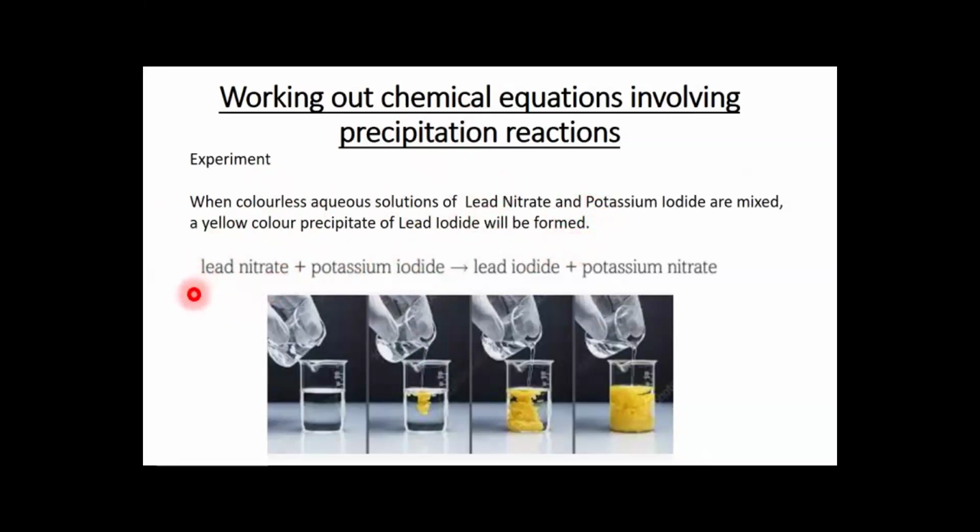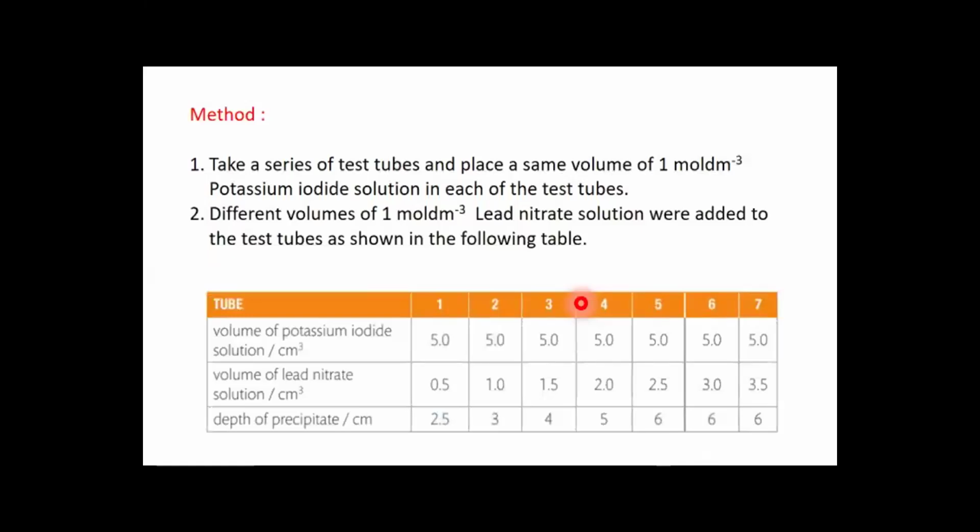That means 1 mole of lead nitrate reacts with 2 moles of potassium iodide to give the product. So you can balance the equation accordingly. Is it clear? Understood? So that's how, using precipitation reactions, we find out the chemical equation happening in this reaction.